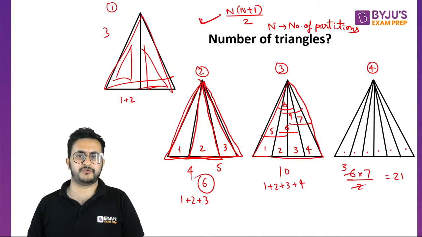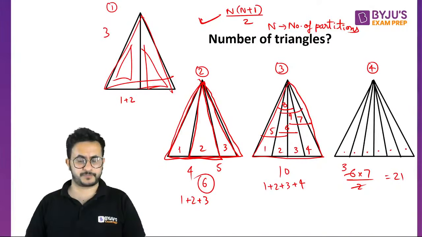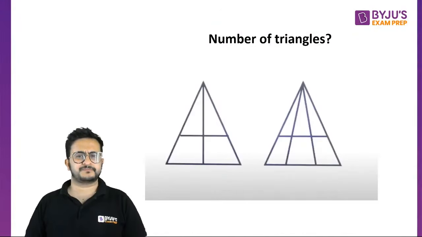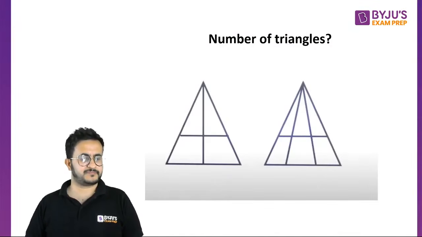So that is the rule when you have vertical partitions. Then mixing both of these, if you have this also, what will be the number of triangles in this scenario?